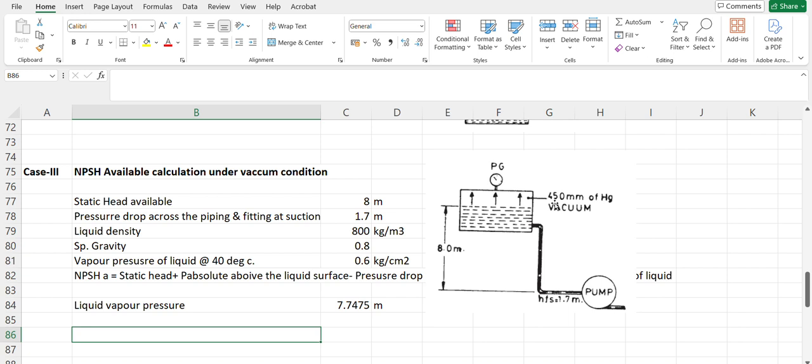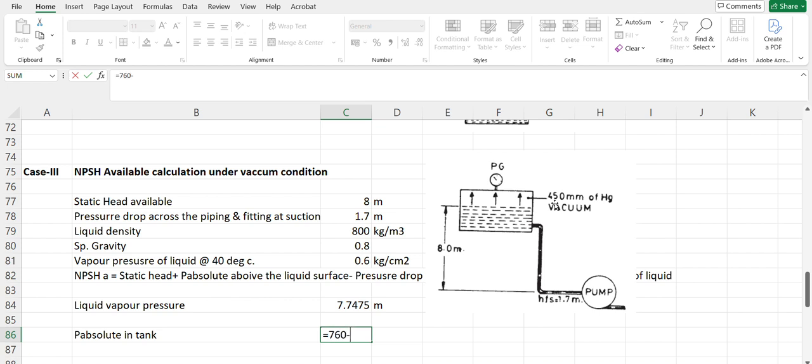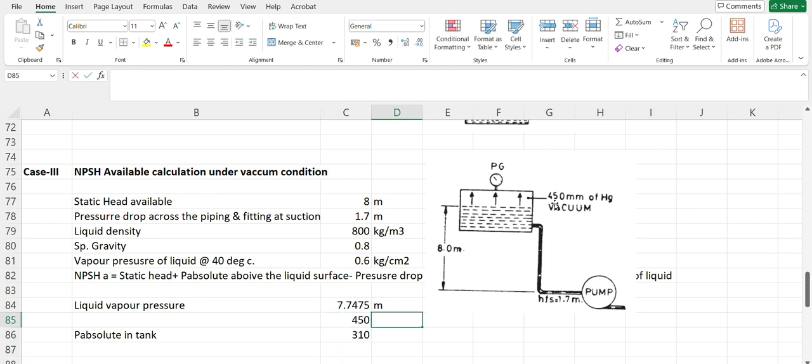As the suction is under vacuum, we calculate P absolute in the suction tank. To calculate that, we have to subtract from full vacuum, which is 760 mm of Hg, the 450 mm of Hg.